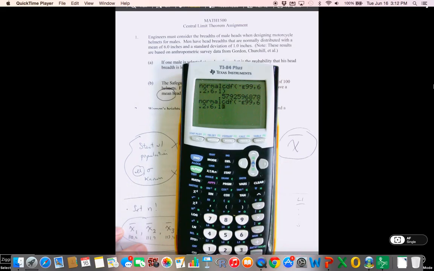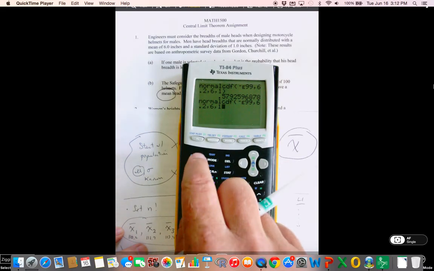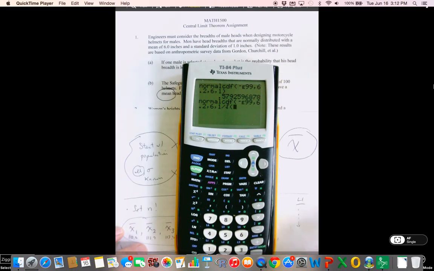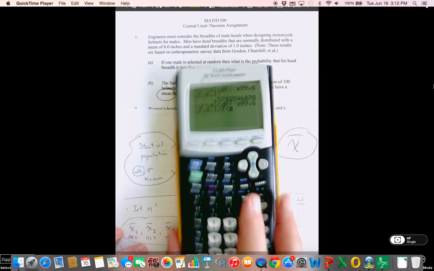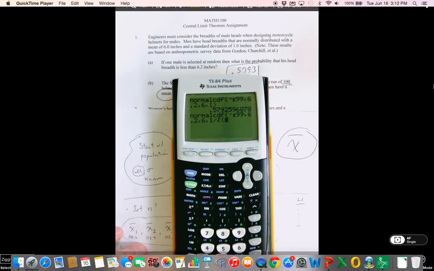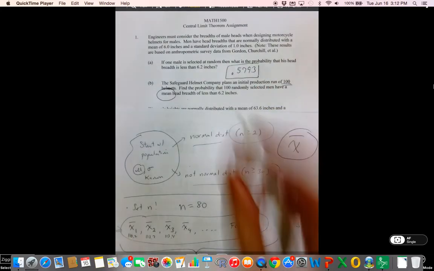You have to divide the standard deviation by the square root of the sample size. Well, guys, we have a sample size here of what? 100. So the correct answer would be 0.9772.